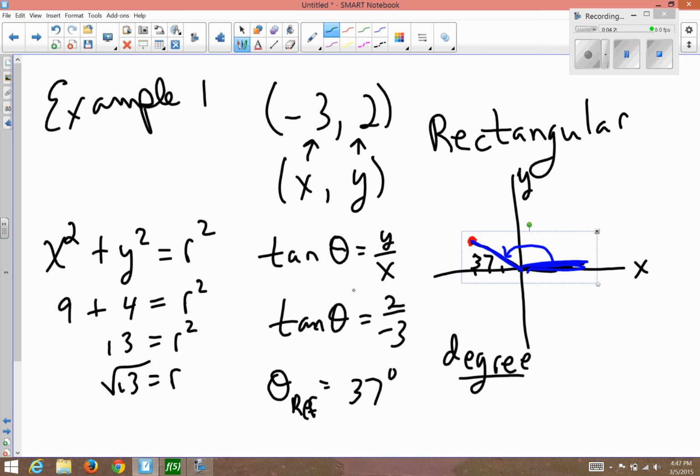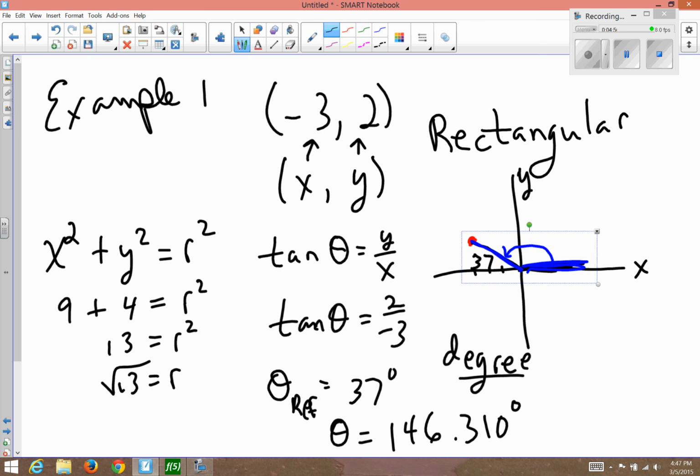I got this by pressing second tangent 2 divided by 3. Now I can tell from the picture that the blue angle is 180 minus the reference angle. So theta isn't 37. Theta is actually 146.310 degrees.